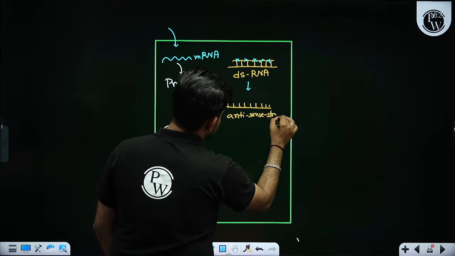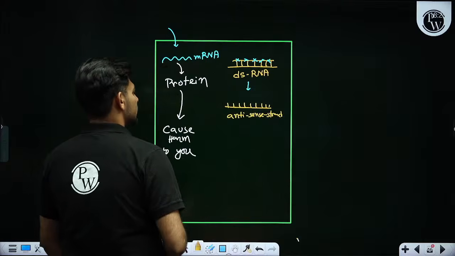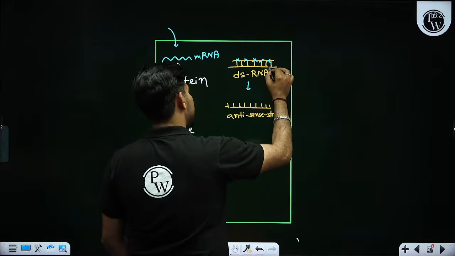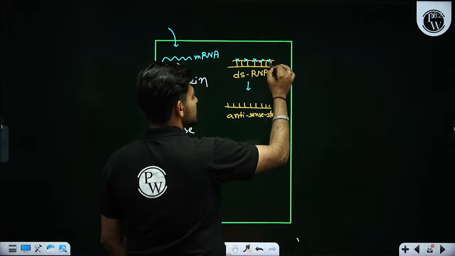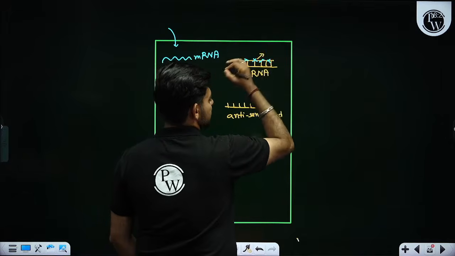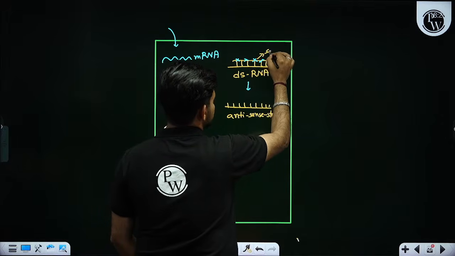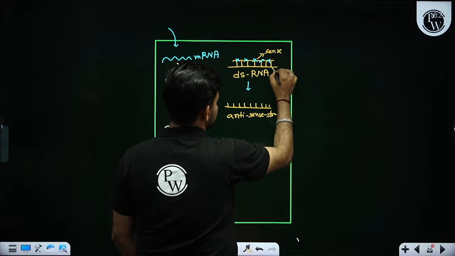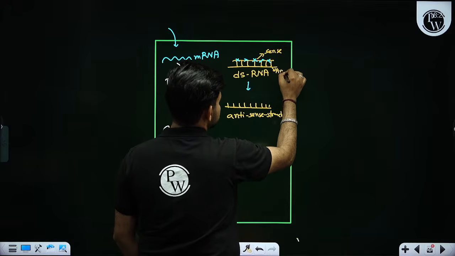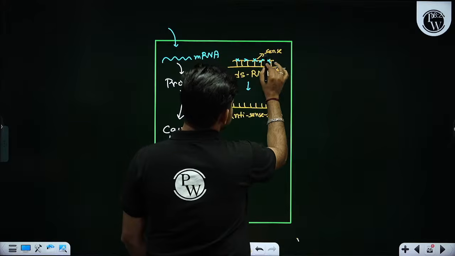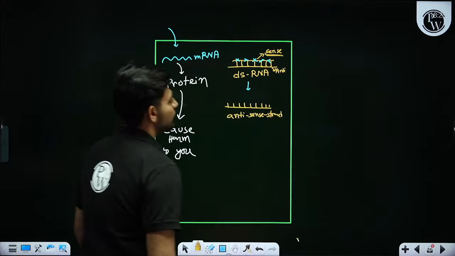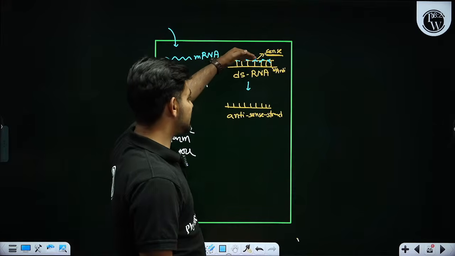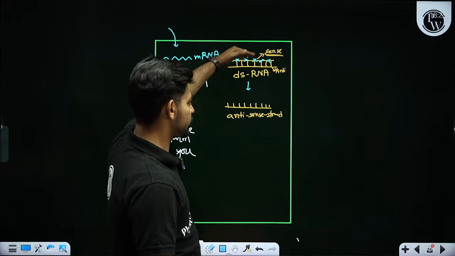The other is the sense strand, which is responsible for production of protein.